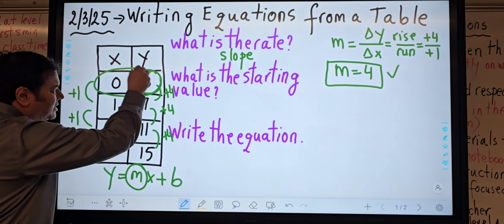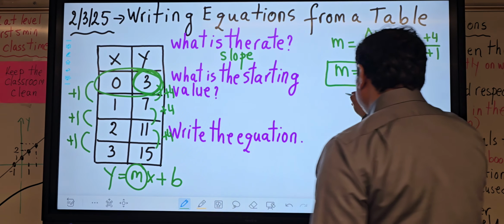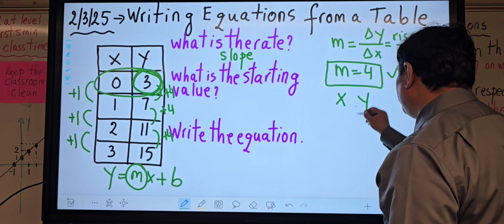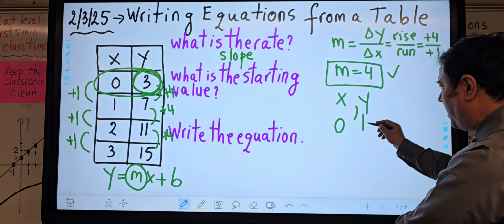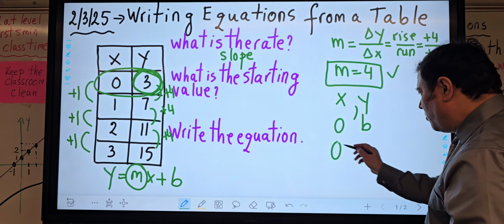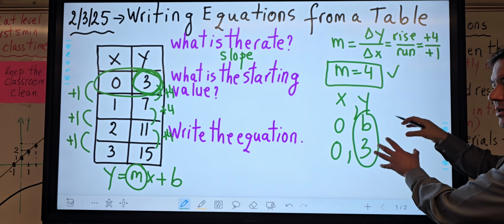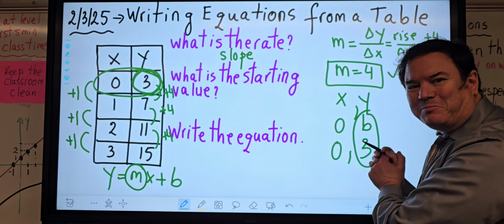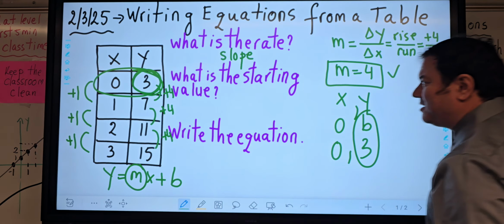So obviously our starting value would have to be 3. When x is 0, y is 3, and that's our b. So our b is 3. That's our y-intercept, where the line would cross the y-axis at 3, and that's our starting value.